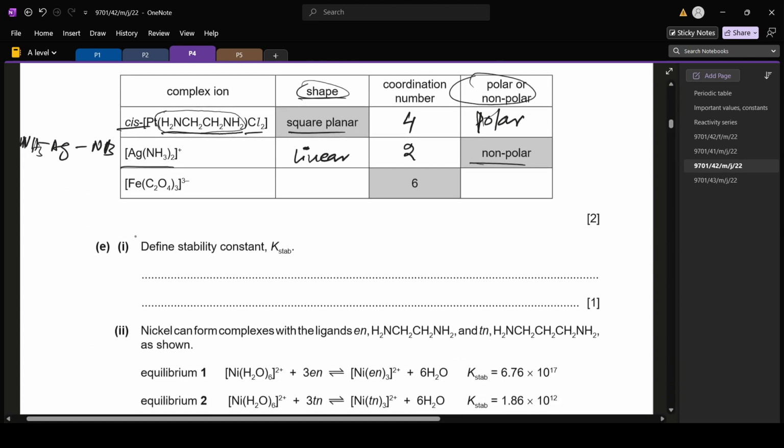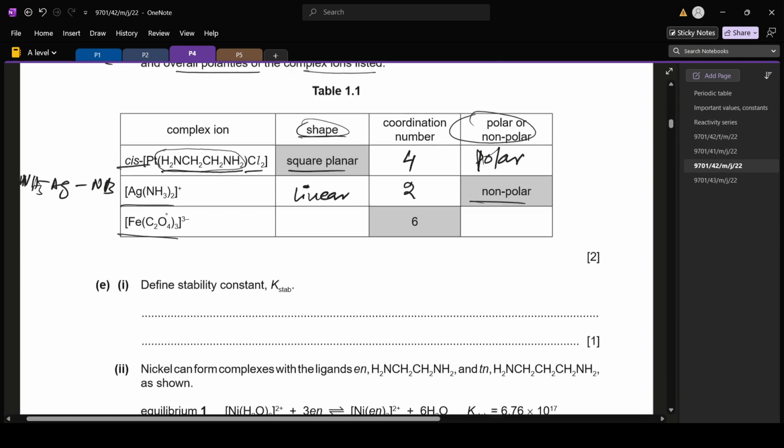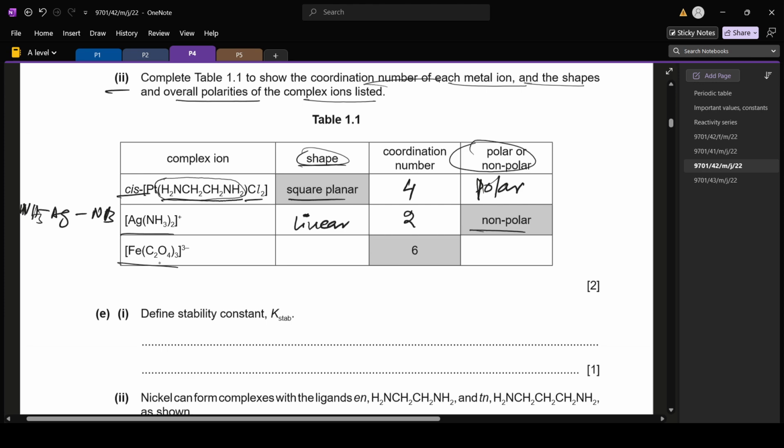Then we have C2O4, which is a bidentate ligand like this molecule, and it also told you that it has a coordination number of 6. So 6 means it has a shape of octahedral. Since there is no other ligand, the polarity will cancel out, so it will also be non-polar.